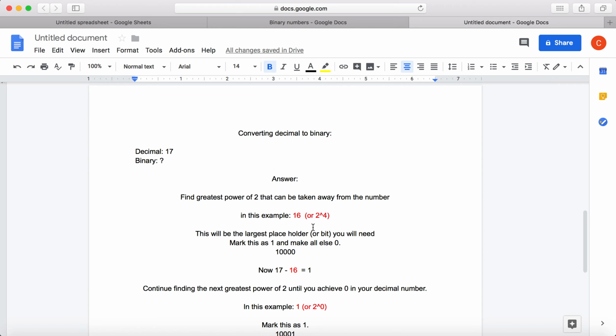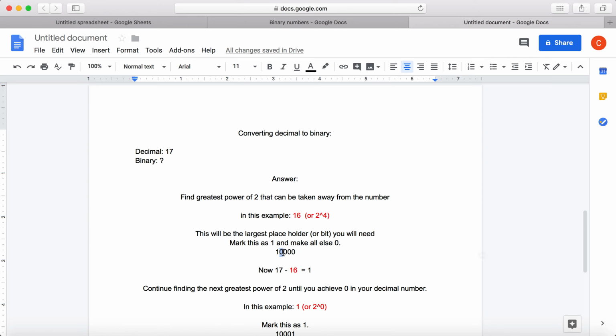So we set this max bit to 1, so as you can see here, 16 corresponds to 2 to the power of 4, which is the 5th digit. We mark that as 1, and all the preceding digits as 0.